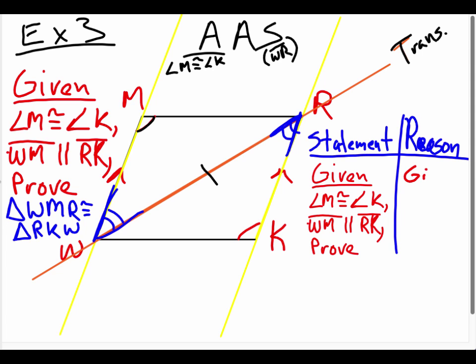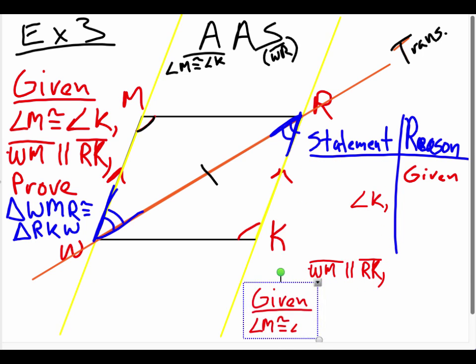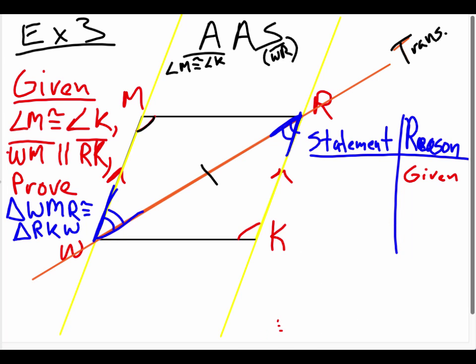So all this stuff was given, right? Oh, I'll just write it out. It's taking forever. So we know that angle M is congruent to angle K. We know that line segment WM is parallel to RK.